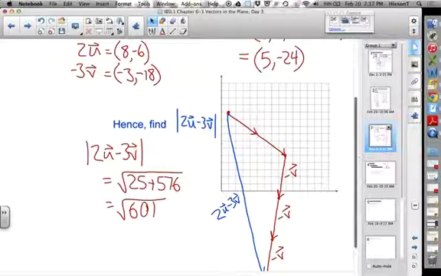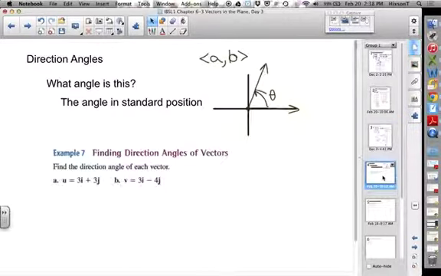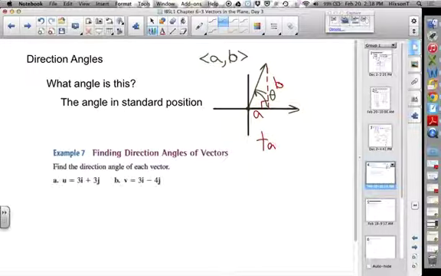Last minute here, I want to mention this. Direction angle is an angle in standard position. I know we're running out of time, but hang with me here. To find that angle from a and b, we're going to use tangent, tangent of b over a.